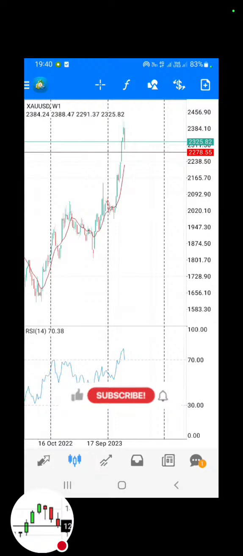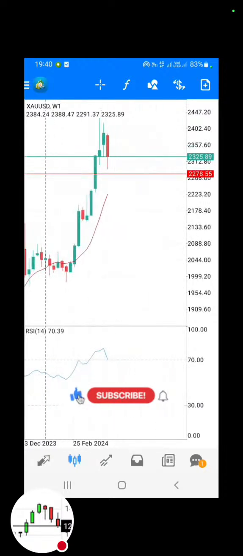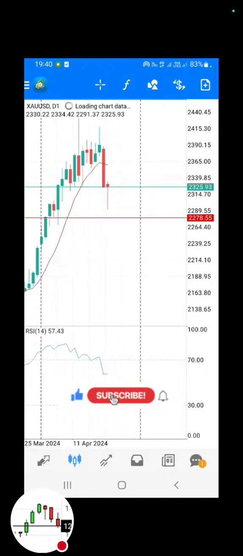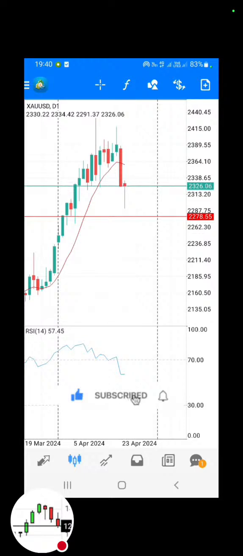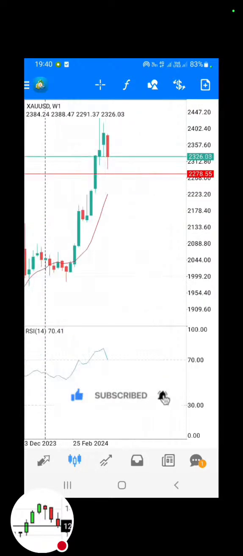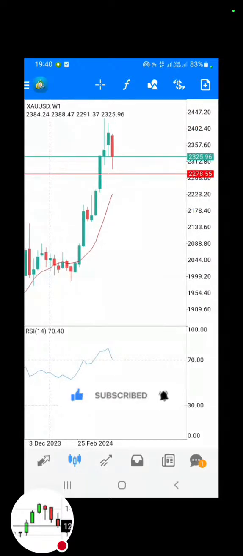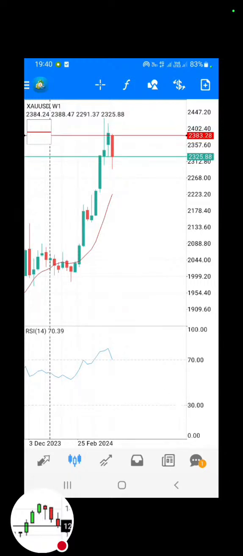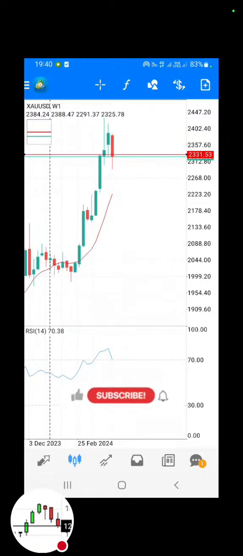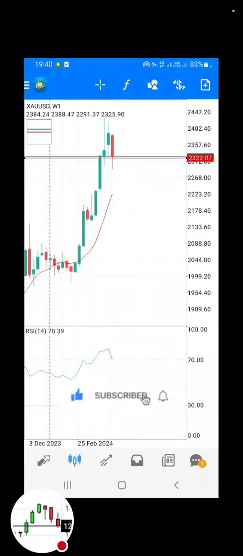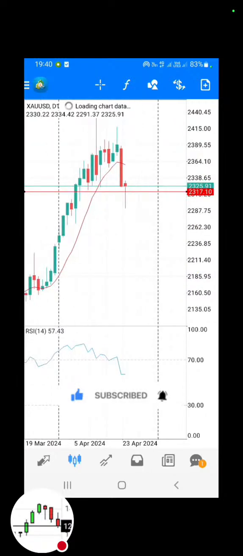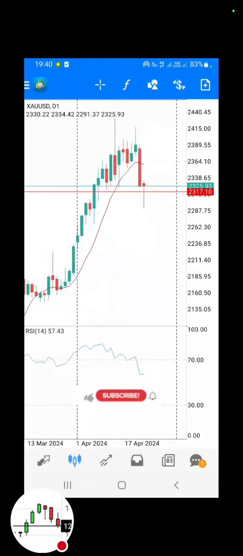Right now, we're seeing that gold is still bullish, and this is a very good bullish structure. We're doing very well, guys. Right now, I'm just waiting for the market to come back down, but the market may reverse because we have reversal patterns.